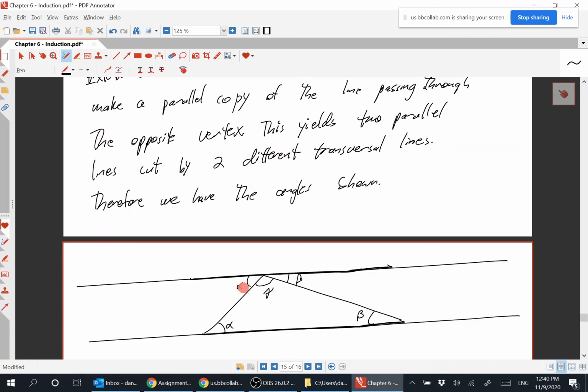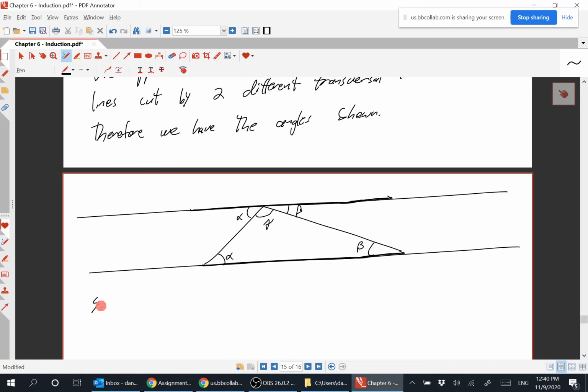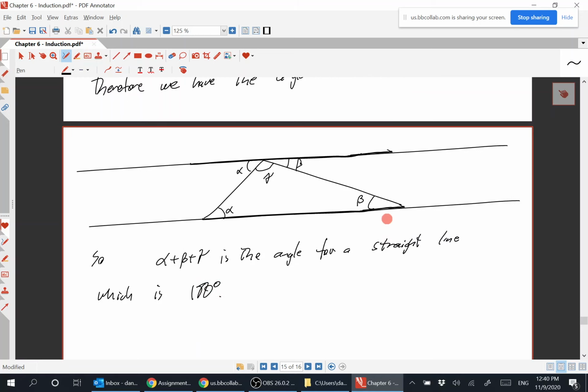It has to be alpha, right? So alpha plus beta plus gamma is the angle for a straight line, which is 180 degrees. As required.